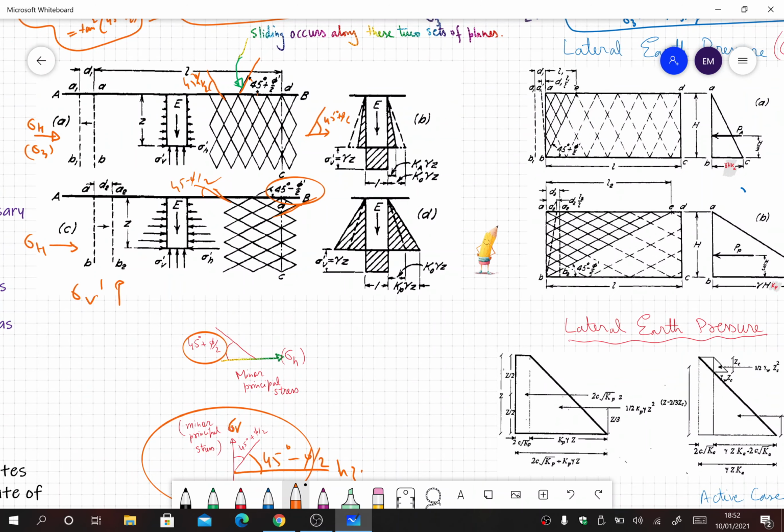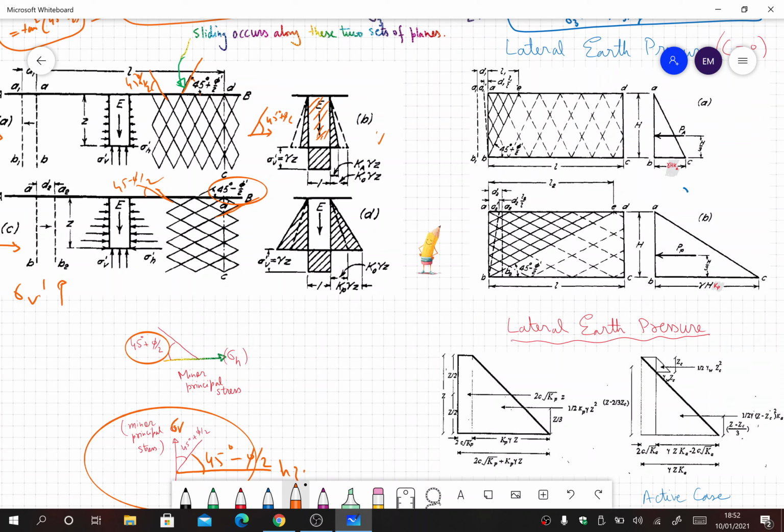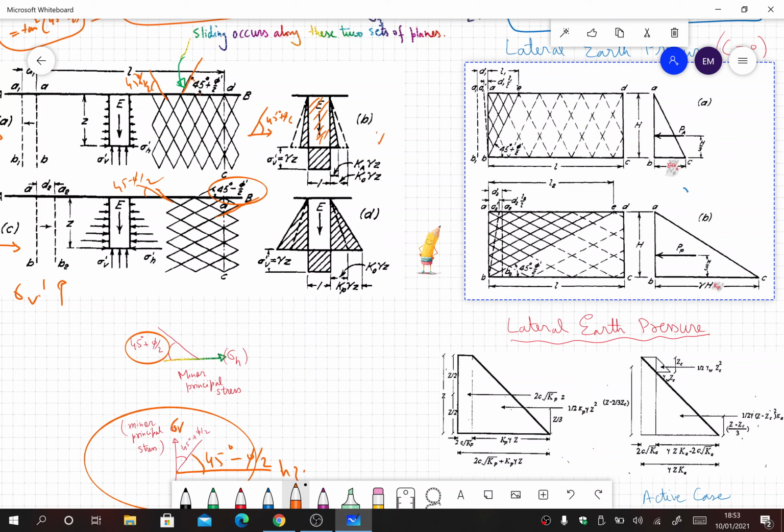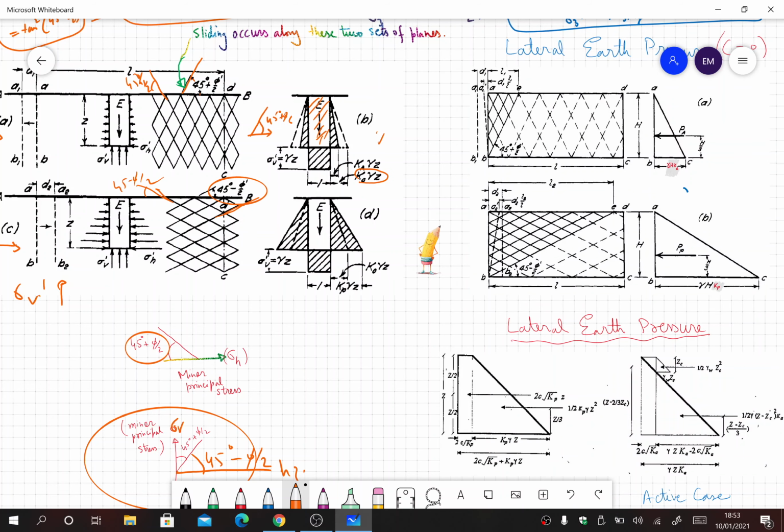So this is the stress diagram. If we consider this element E, at the bottom the vertical stress sigma v will be gamma into z, and the at rest pressure is K naught gamma z, because we know the formula for K naught in at rest condition is equal to sigma x over sigma z, and that is equal to gamma into z.